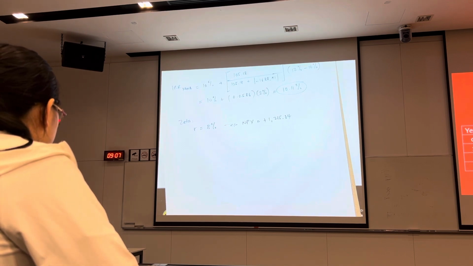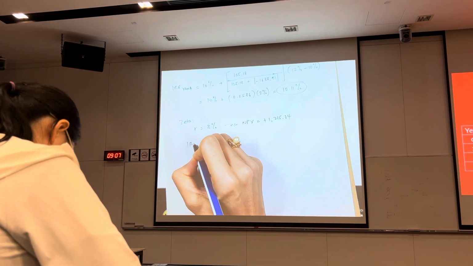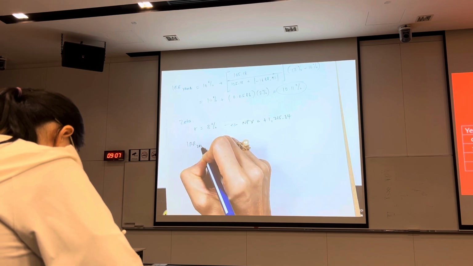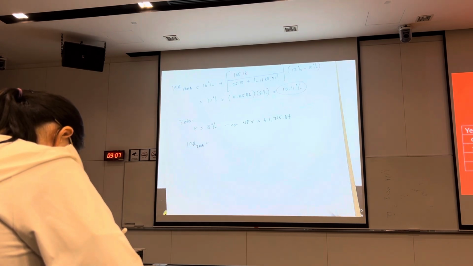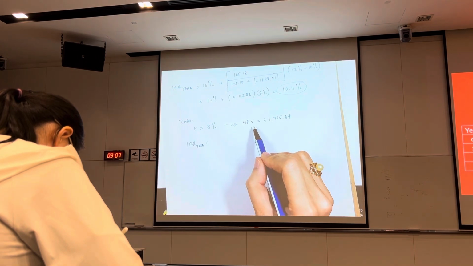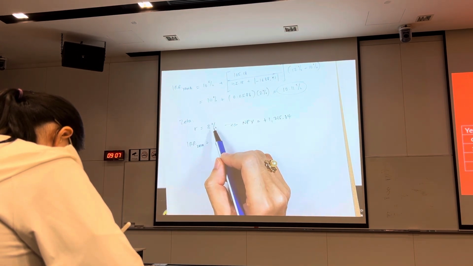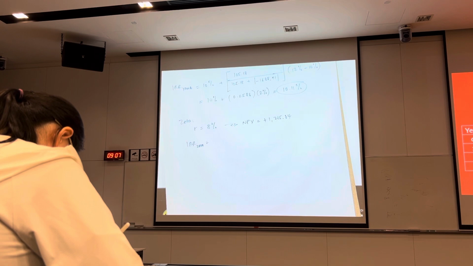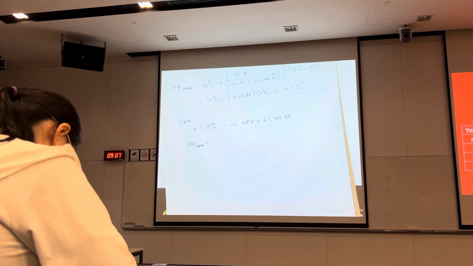So again, you apply the same equation for the IRR of Zeta using one positive NPV at 8% and then the other negative one. Don't choose the 12% because it's too big. Choose the 10% discount rate, right?